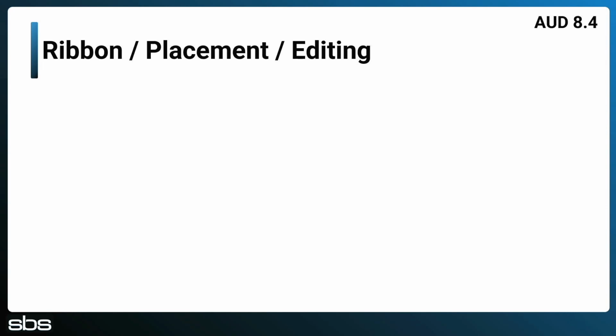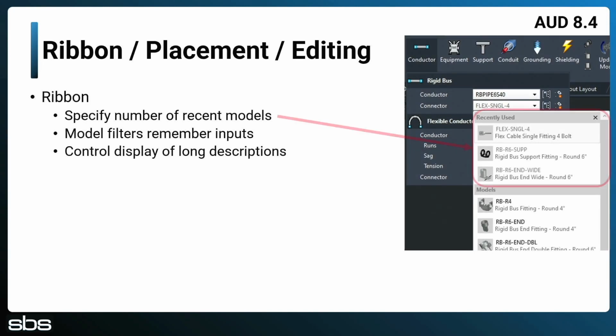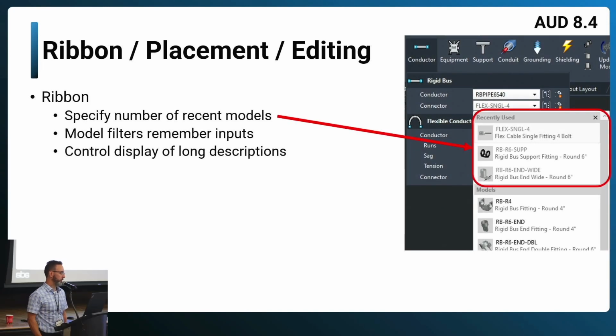So I'm first going to talk about a few of the changes for the ribbon and editing workflows. So one of these is the ability to set up a number of recently used for your model dropdown. This may seem like a small thing, but if you're going through a design and you've got a few models that you're placing, this will just automatically keep track of the last few that you placed, and it fits into one of those categories of really easy to set up.